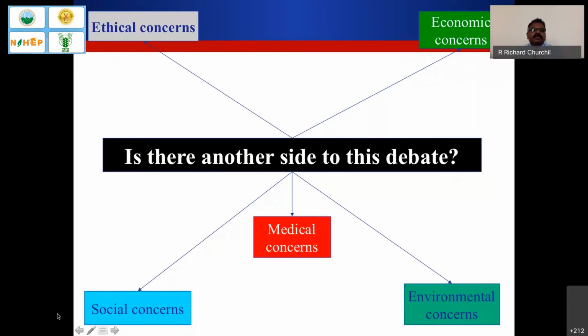Social concerns: many human rights groups and religious groups are not for it. Medical concerns: whether it is safe, it has to be tested. Environmental concerns: if transgenic animals escape from custody, they may contaminate wild animals. That is another concern.